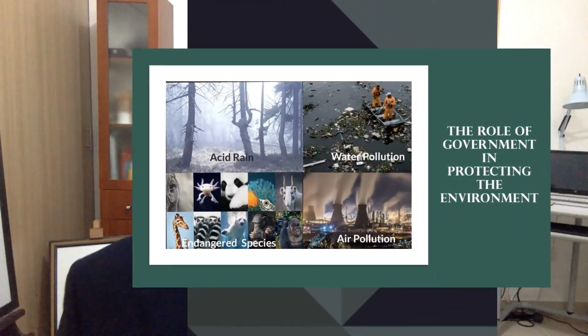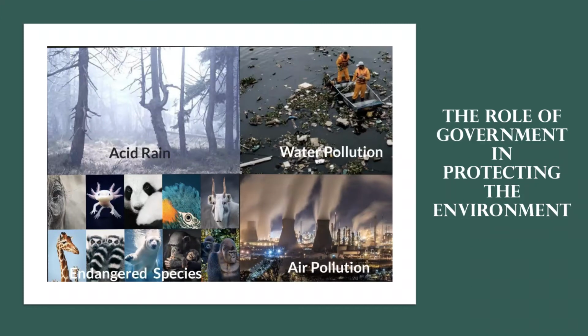Well, beginning with the role of government. The role of government in protecting the environment is to protect the environment from damage, right? And going back to the issue of public goods, who owns the air?